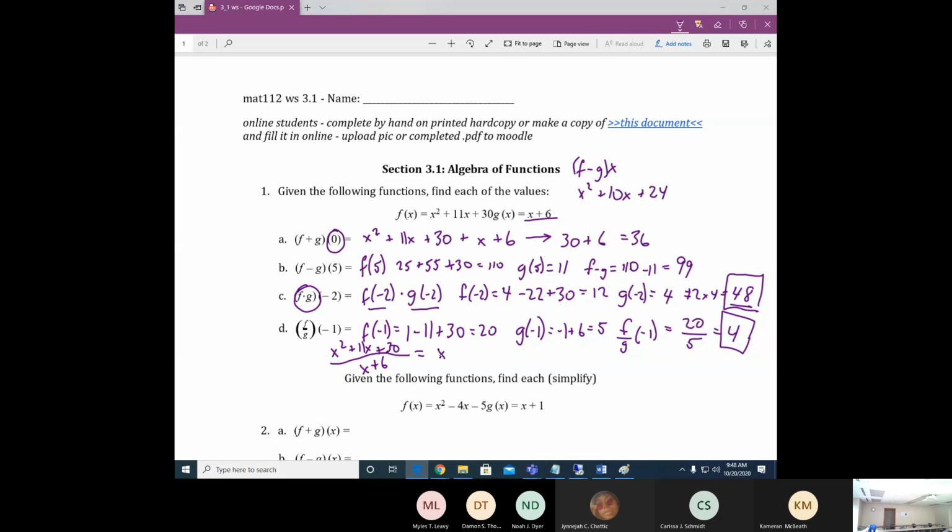So I know that's equal to x plus 5 times x plus 6 divided by x plus 6. By doing that, I realize f over g simplifies to x plus 5.